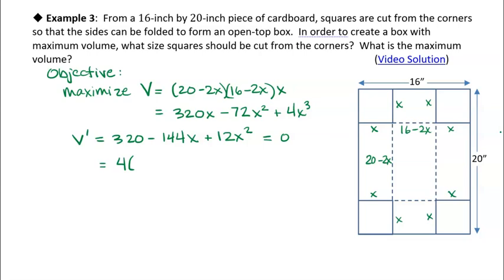And I'm going to write these terms in reverse order, so I have the x squared term first. So that's going to be 3x squared minus 36x plus 80. All right, now trying to set that equal to 0, that's going to be tough. I don't know factors of 240 that add to a negative 36. I think what I need to do is just use the quadratic formula.